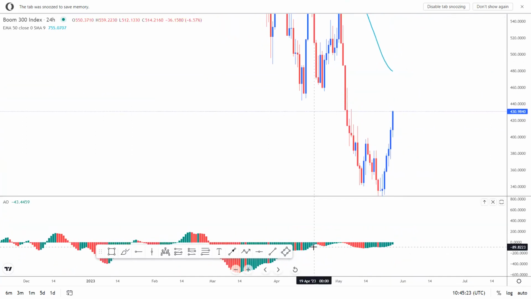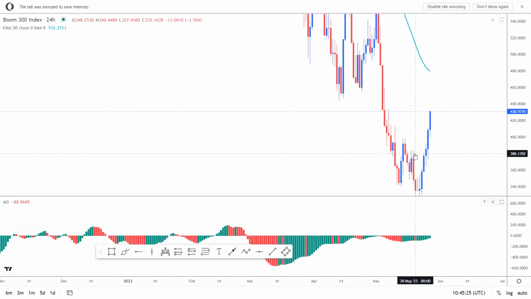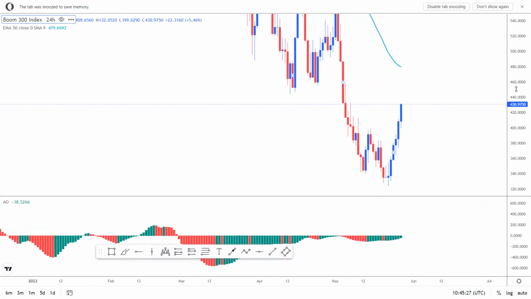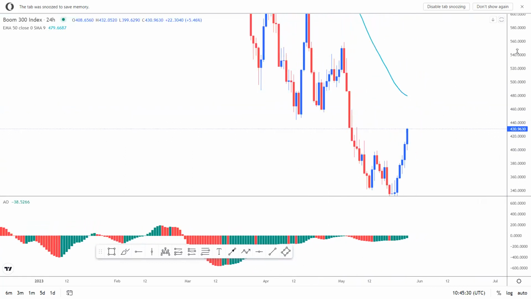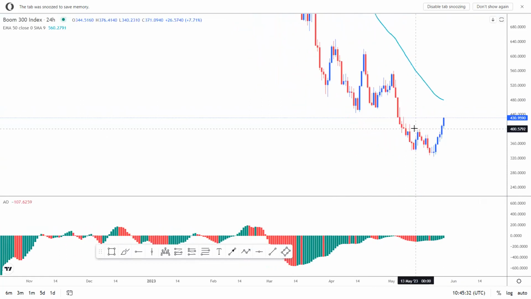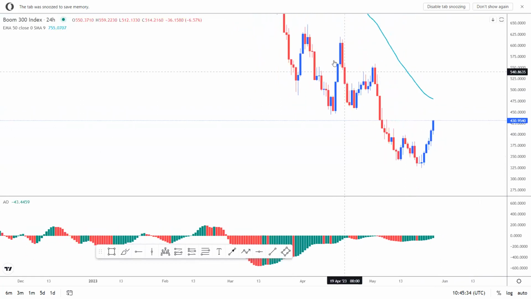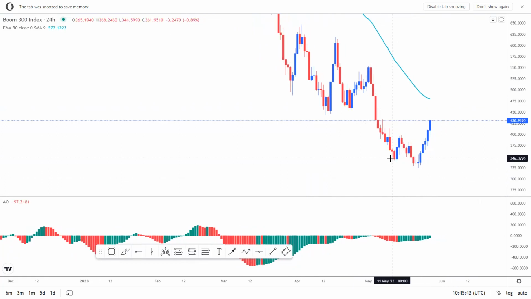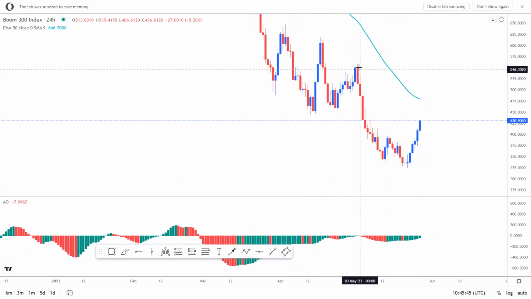Very clearly, as you can see from the daily time frame on the Boom 300 index, we had price very clearly in a downtrend with the sellers' pressure dominating the market, presenting us a series of swing lows and swing highs.